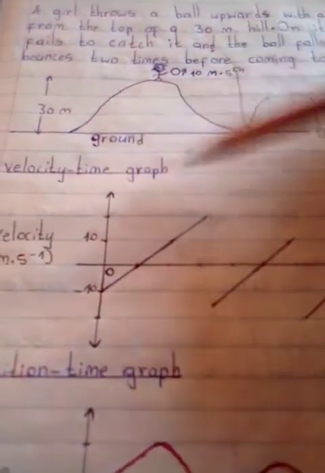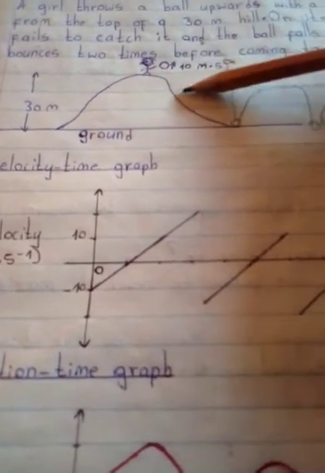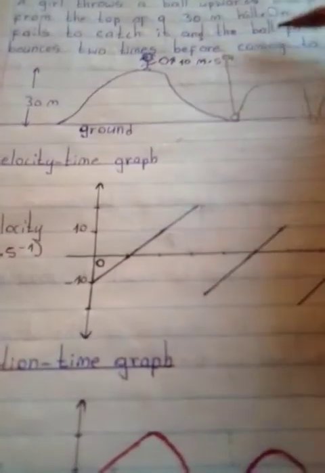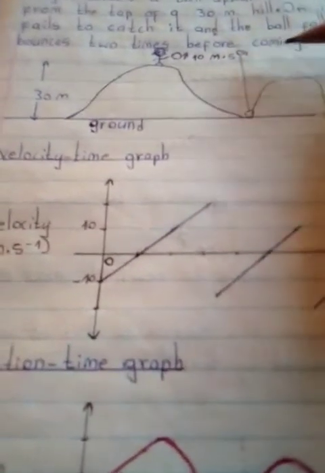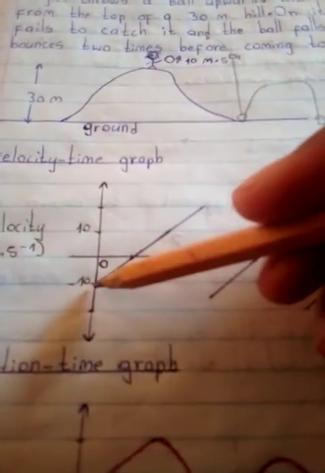Let's analyze it. The girl here throws a ball upwards. When she throws the ball upwards and your positive direction is downwards, this ball will experience a negative velocity.